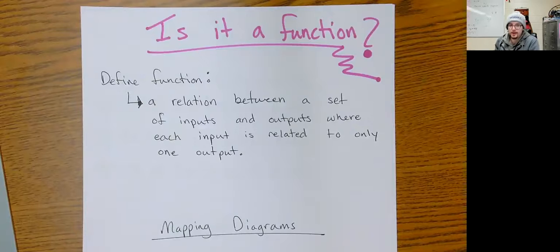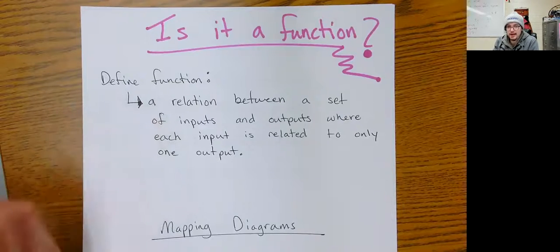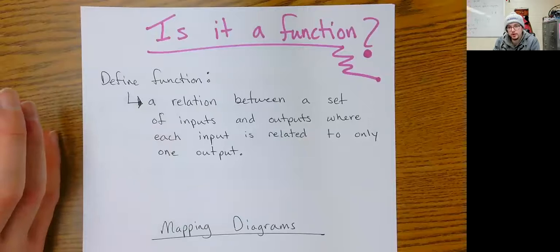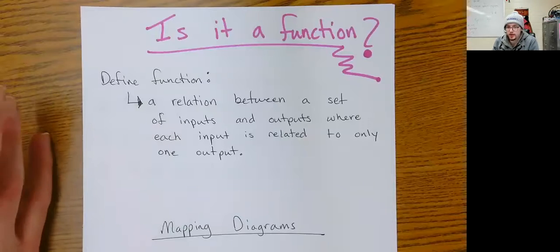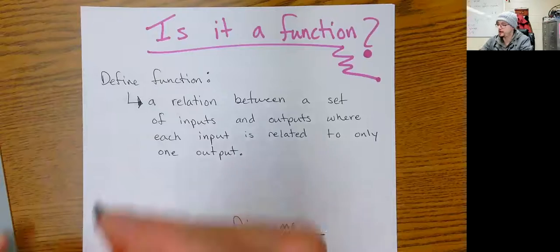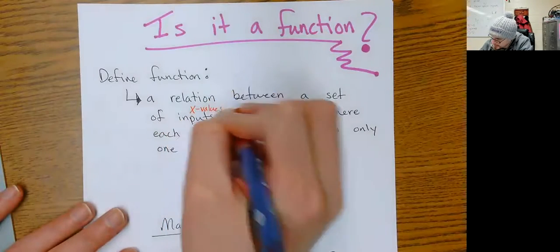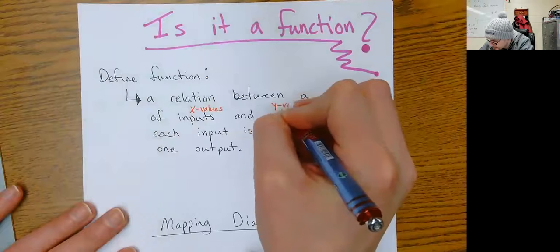In algebra, what is a function? A function is a relation between a set of inputs and outputs where each input is related to only one output. What does this mean? Well, first off, inputs are your x values and outputs are your y values.